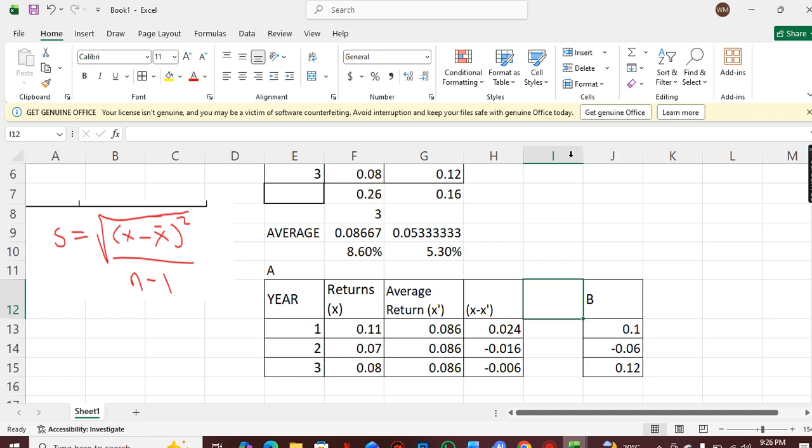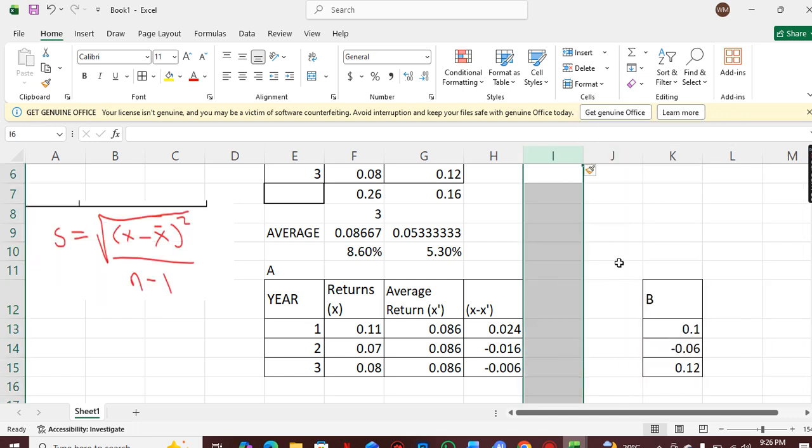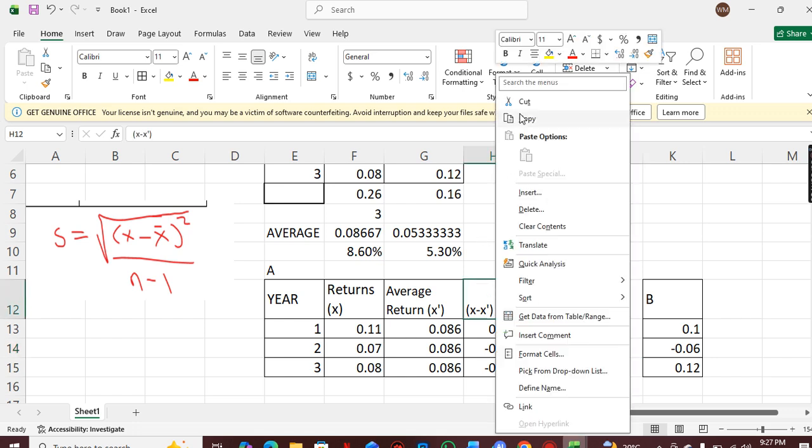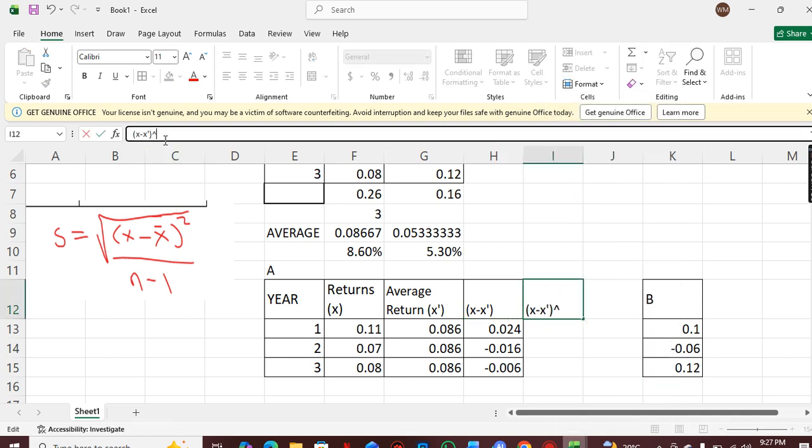Then the next step is we need to square our deviations. This x minus x bar, we're squaring each of these deviations.